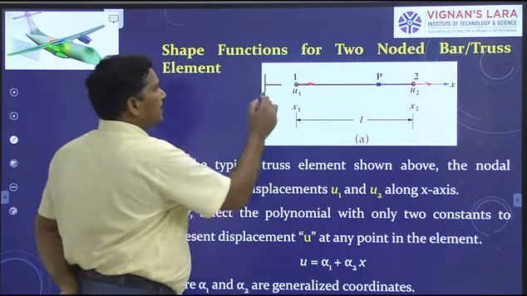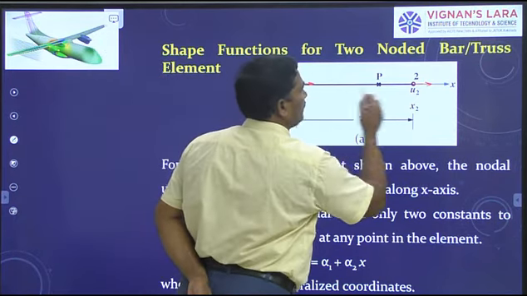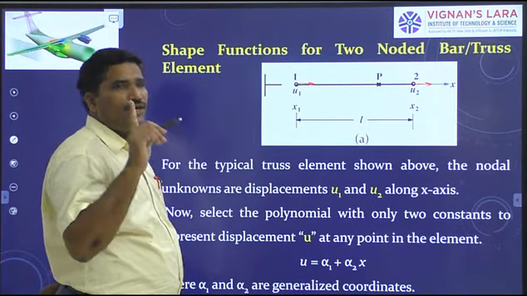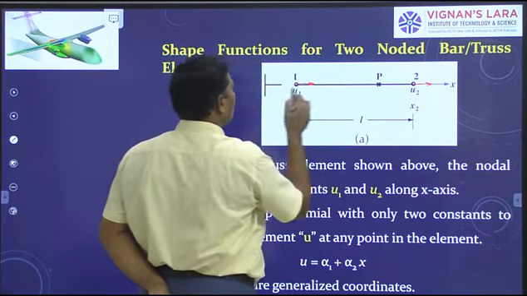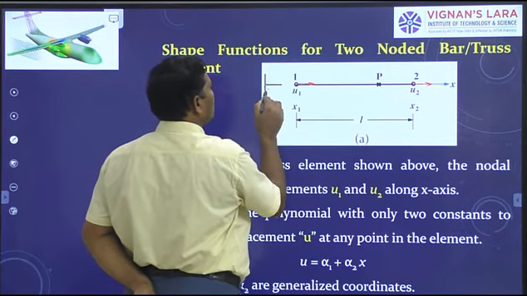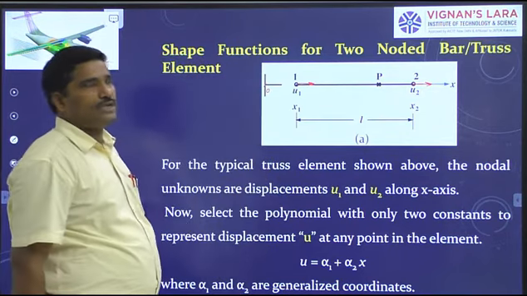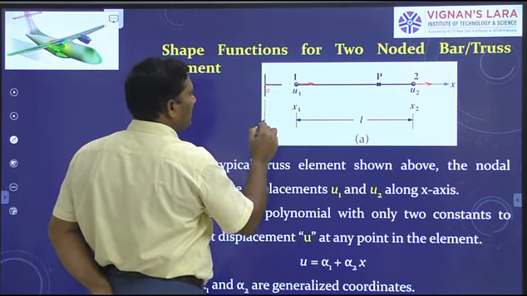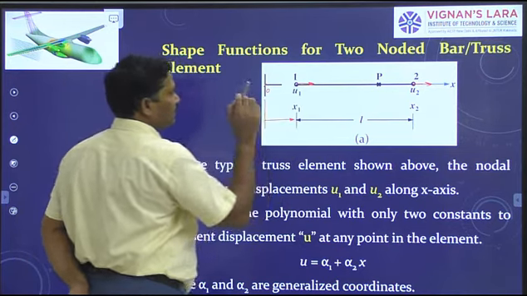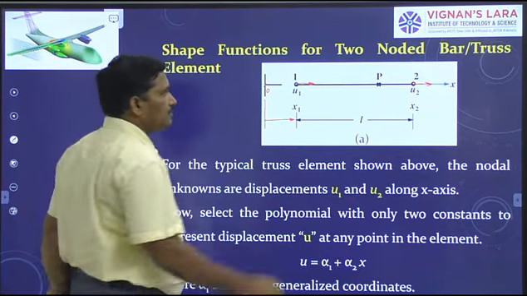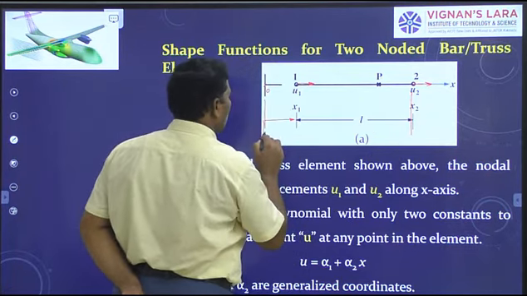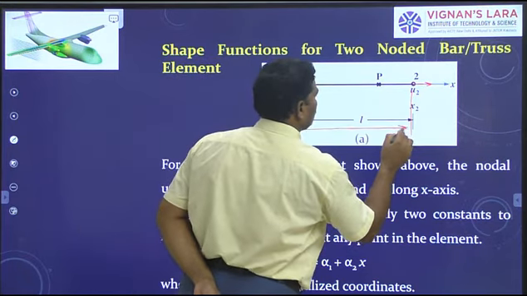Now this is the reference frame. The reference frame has one coordinate axis x. This is the origin.